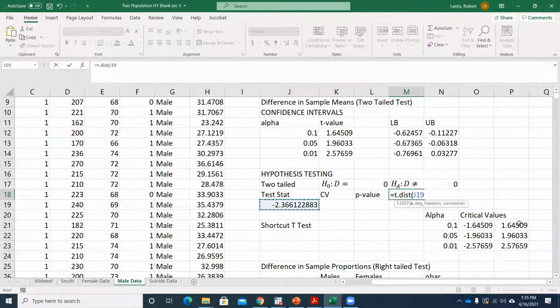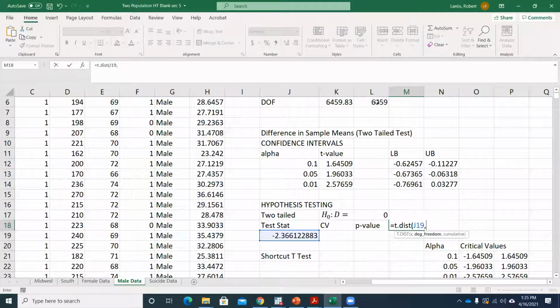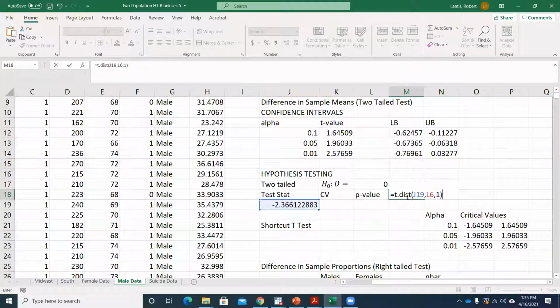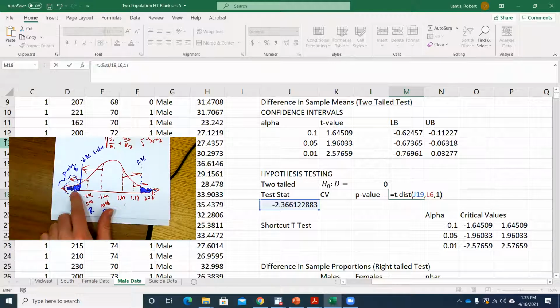I know the t value that I want to find the area to the left of, comma, here's my degrees of freedom, comma, always use 1, right? Always make it cumulative so that it gives you the area to the left. If you put a 0 in there, it's not giving you the area to the right, it's doing something completely different that we don't want to do. So this should give me the area in that lower left tail, right? I then need to remember, oh yeah, I need to then multiply that by 2 because I've got 2 tails of equal size, this 2-tail test.